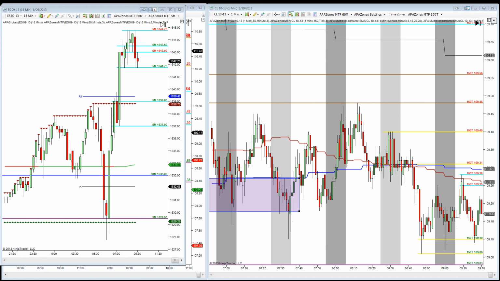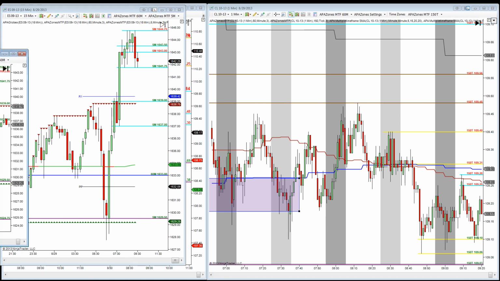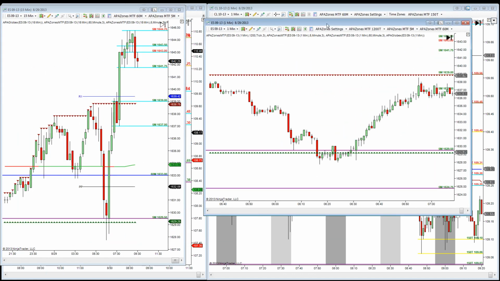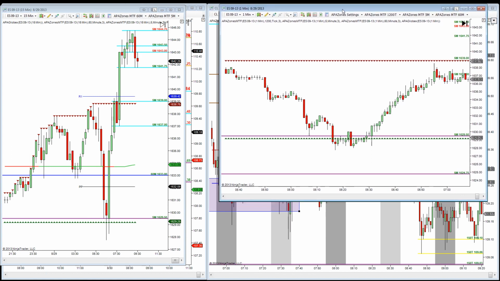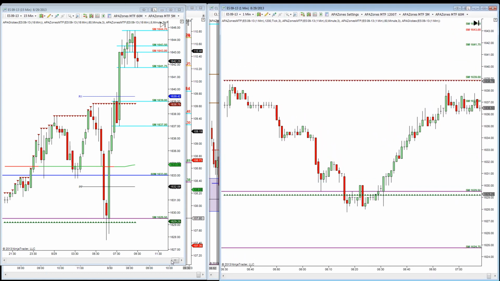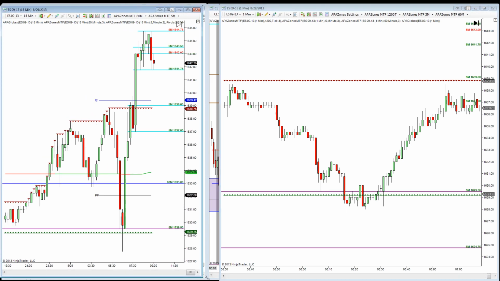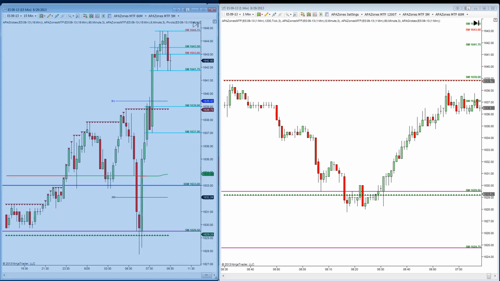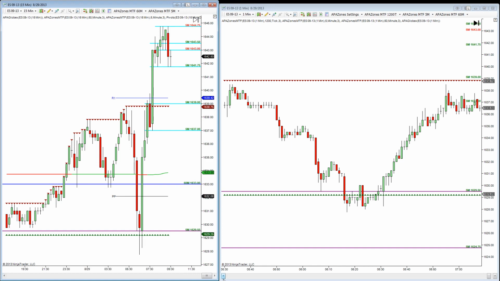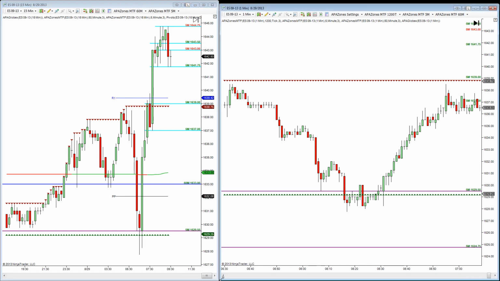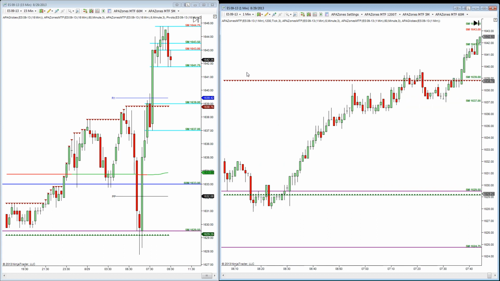Gold is a mover and shaker, or it can be. I haven't watched gold for quite a while, or at least I don't watch gold on the futures. I watch it in other forms, but not on the futures.